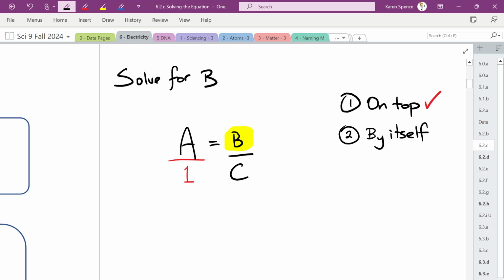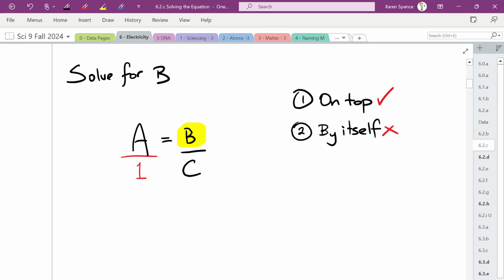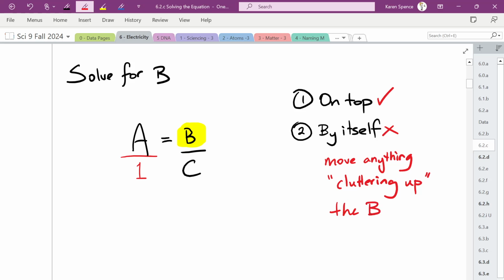Is it by itself? No. So we need to move anything that is cluttering up the B.